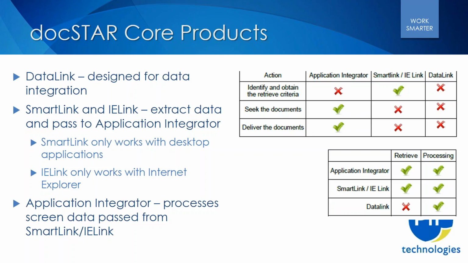It allows you to extract data from Windows or text-based interface desktop applications and pass it to Application Integrator. SmartLink and IE-Link are data extraction utilities. IE-Link is Internet Explorer, so for those wanting to do browser integration with Internet Explorer, you would use the IE-Link function.